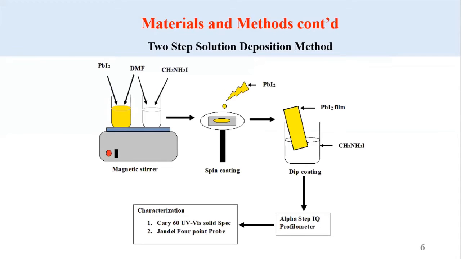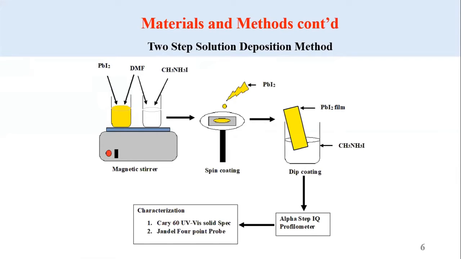We also used two-step solution deposition method to deposit our films. And here we prepared the precursor solutions of lead iodide and methyl ammonium iodide separately by mixing the powders in DMF solution. And after that, we did two-step deposition. We started by depositing lead iodide using a spin coating machine.